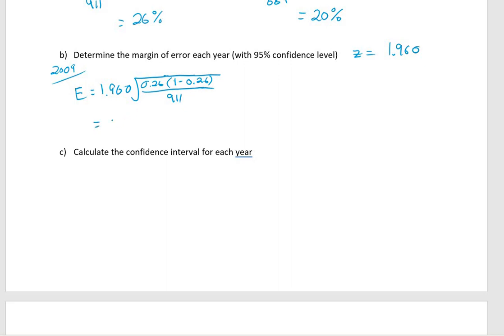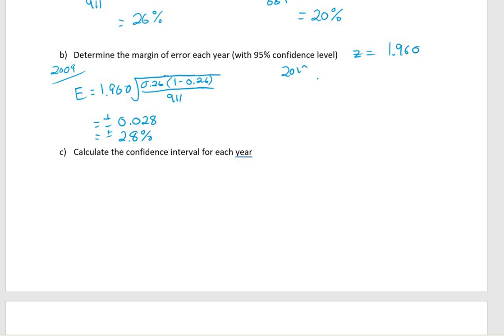When you calculate that, you will get plus or minus 0.028, or plus or minus 2.8%.